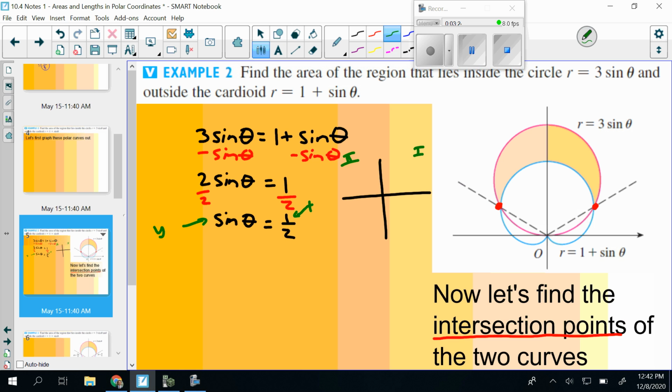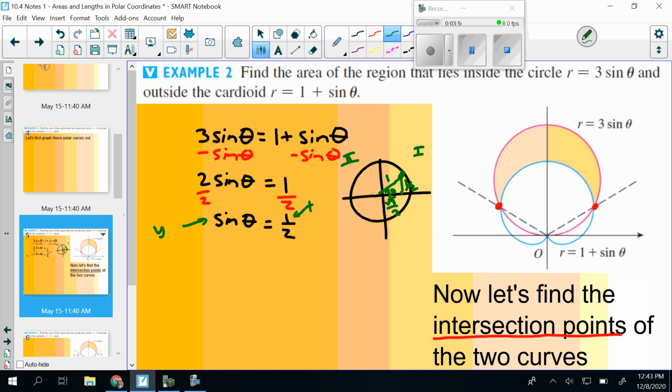And then what type of triangle on the unit circle would give us 1/2 as the y value? I believe that would be if we had a 30-degree angle, because the radius is 1 since it's the unit circle. That would mean that side's a half, and this side's square root of 3 over 2.